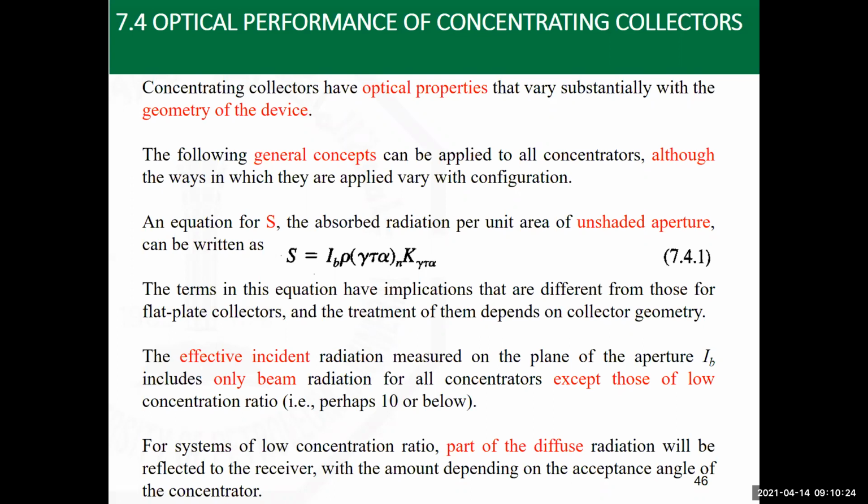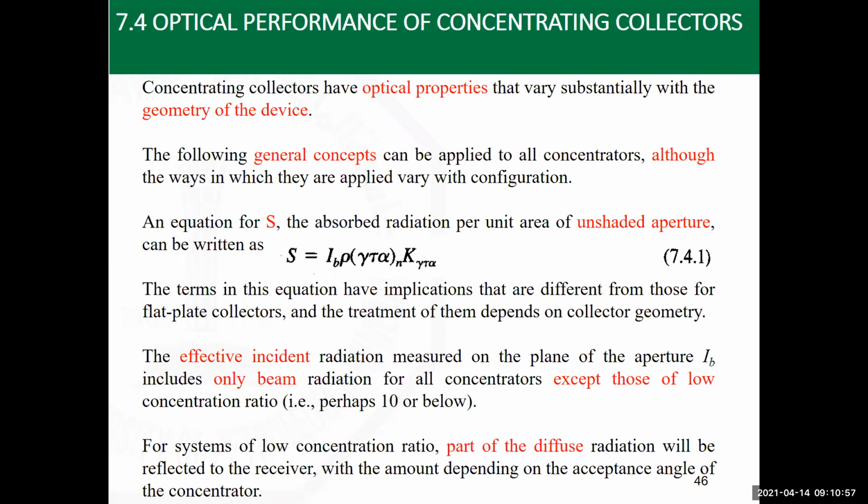There's an equation for the absorbed radiation S per unit area of the unshaded aperture that can be written by this equation. IB is the beam radiation falling in. Rho is the reflectivity of the outer parabolic surface that reflects the radiation in. Gamma is a correction factor that would be considered due to the angular variations.